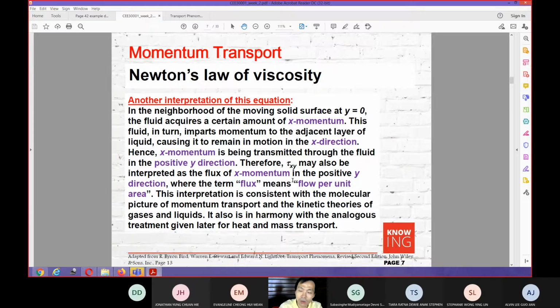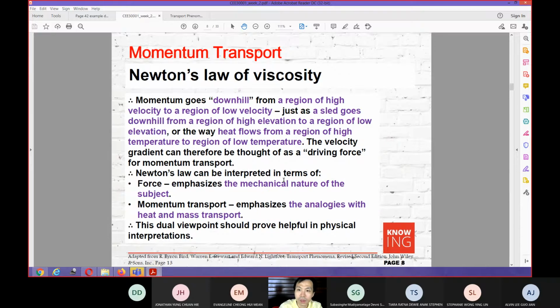Now, we will not go into the details of this momentum transport and kinetic theories because those belong to the molecular aspects of the problem. So my emphasis on this particular unit is on the microscopic aspect.